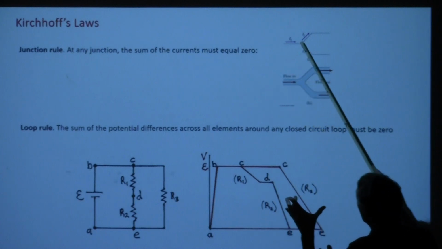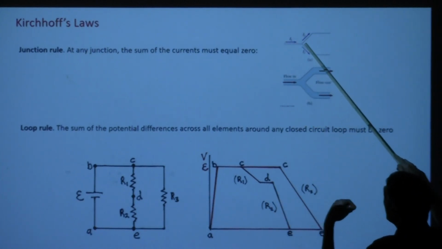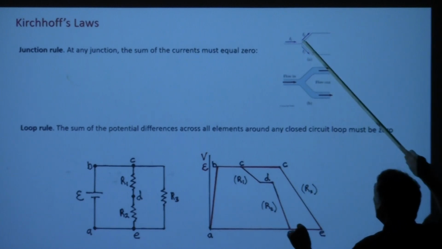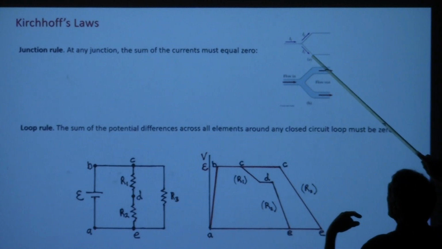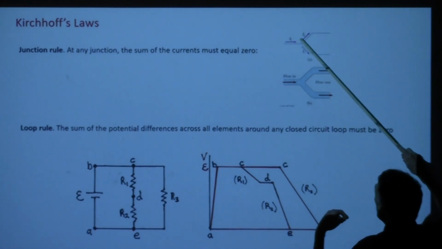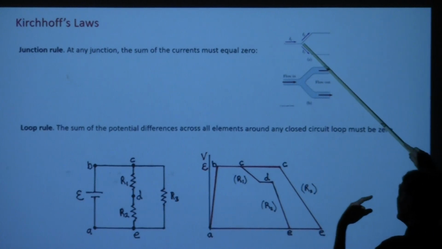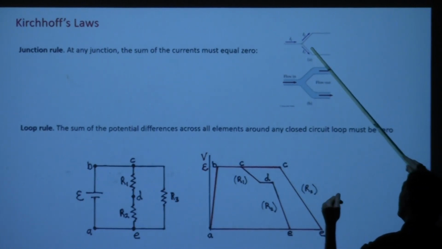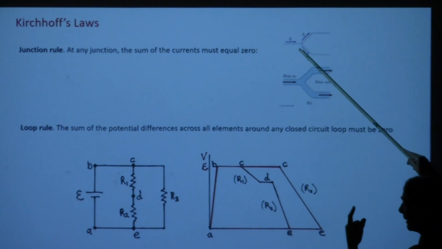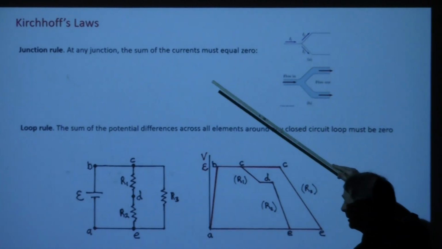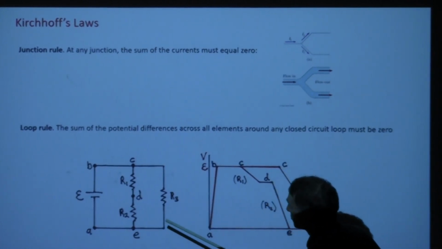By the sum of the currents, we'll take something like when the current's coming in, you might want to call that positive, maybe negative when it flows out, so that overall it would add up to 0, your pluses and your minuses. You could call going out positive and coming in negative, kind of like Gauss's law. That's a good kind of analogy for this. Okay, so I'll come to some examples with this.